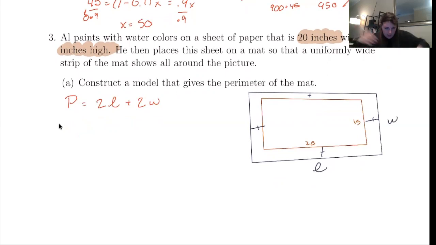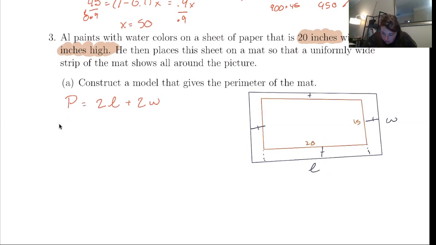I feel like wide is this way, length is this way. It doesn't matter. That's going to bug me. No, we're going to keep it. So I know at this point it's going to be 20. It has to be at least 20 because I'm not going to put a painting on top of a mat that's smaller. That's silly.